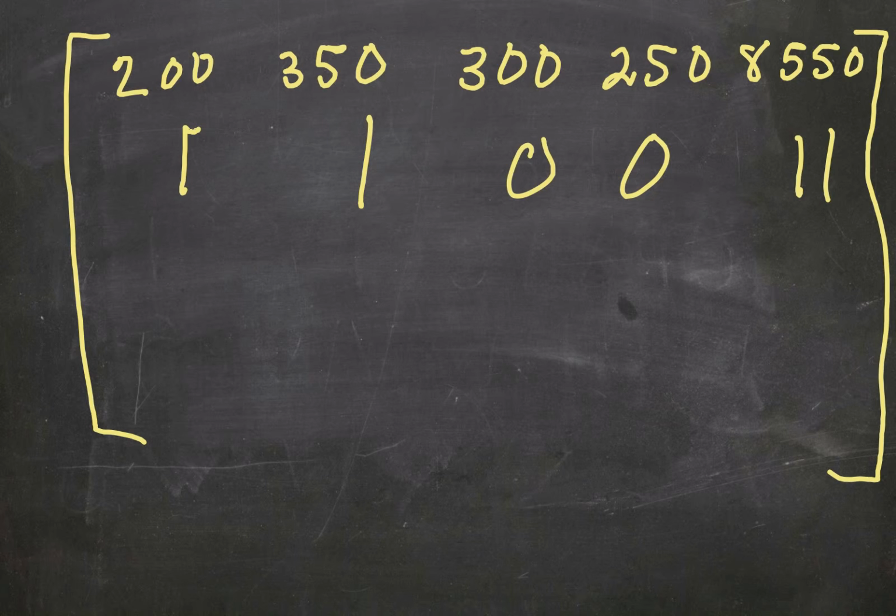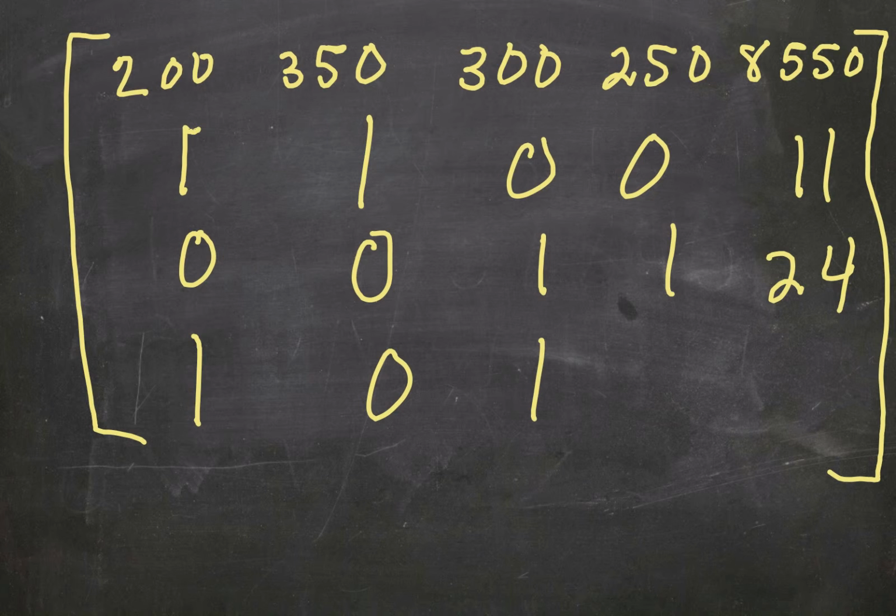Then we had z plus w equals 24, so there's no x, no y, then z, w, and there's our 24. Then we had x plus z equals 18, so that's 1, no y, 1, no w, 18.